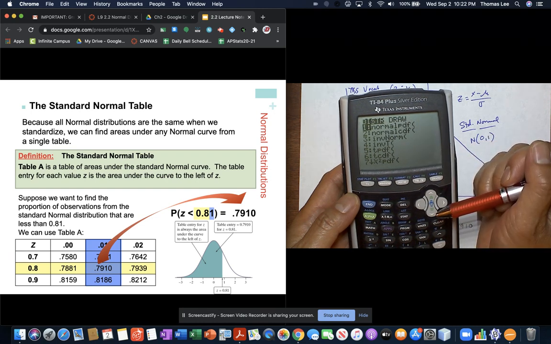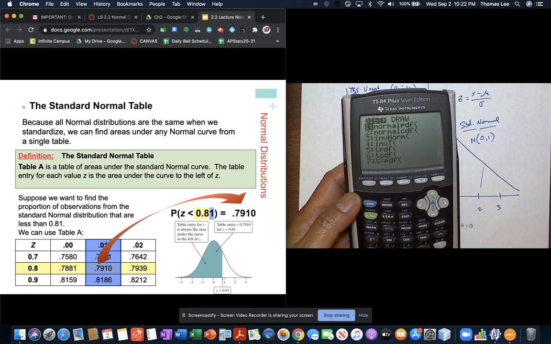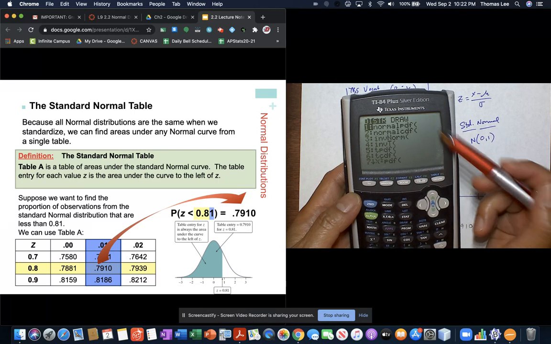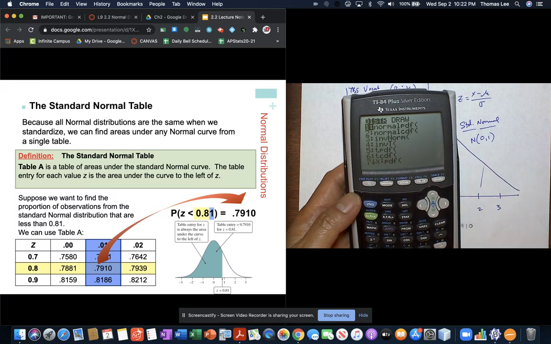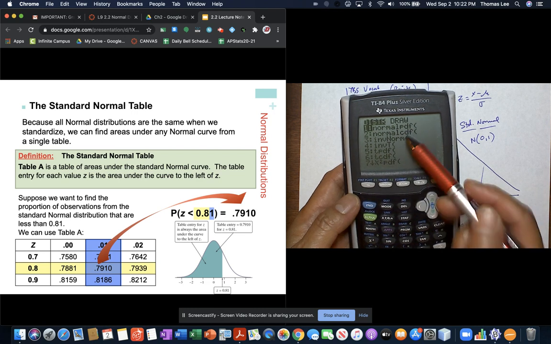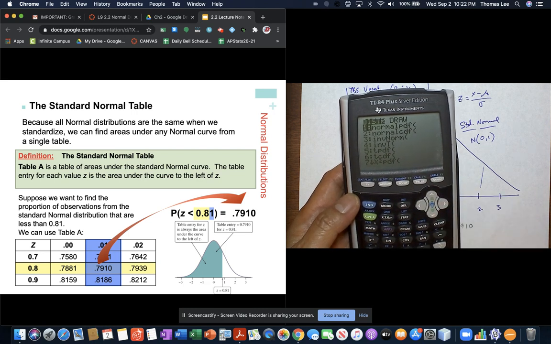We're going to use it when we want the opposite of what we use normal CDF for. We're never going to use inverse PDF. What we're going to use is the CDF, the cumulative density function. That is how you find the area under the curve from one interval to another.